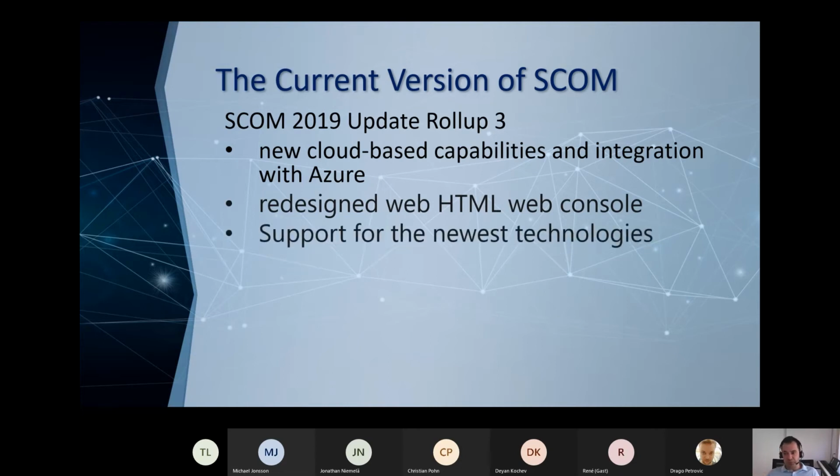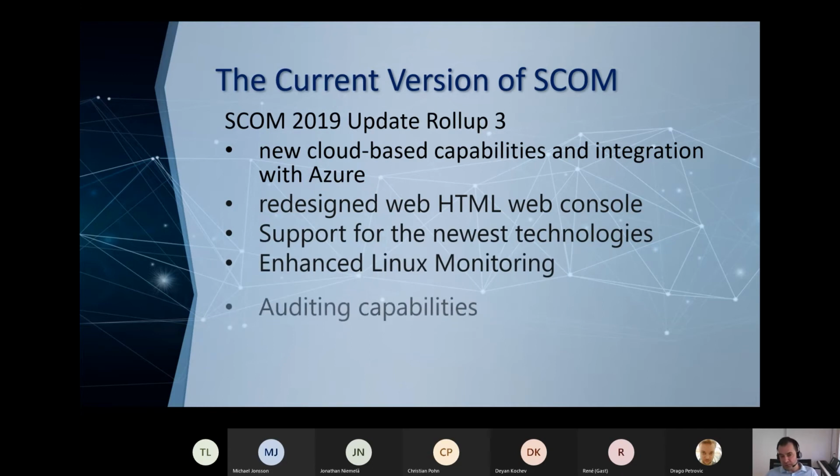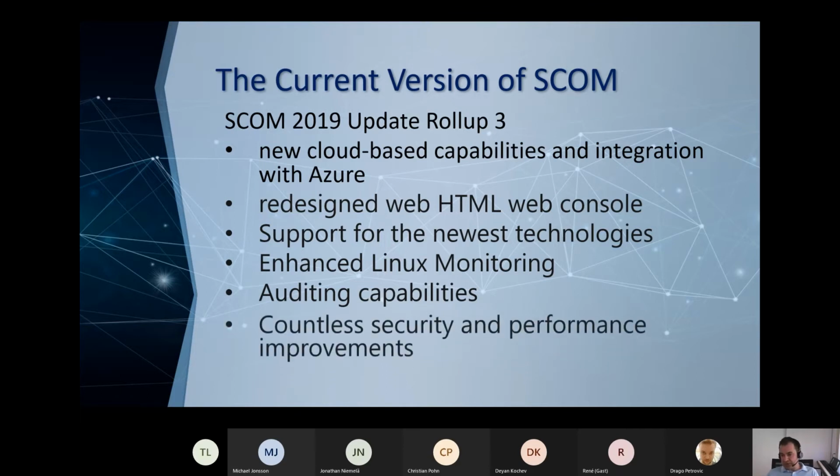You have also support for the newest technology from Microsoft and also from the Linux world. Of course, many enhancements regarding Linux monitoring and also many auditing capabilities, like who did this, who reset the monitor, who changed the management pack, who did these overrides. There are also countless security and performance improvements.